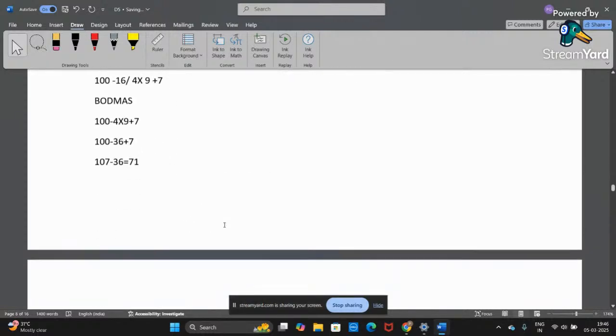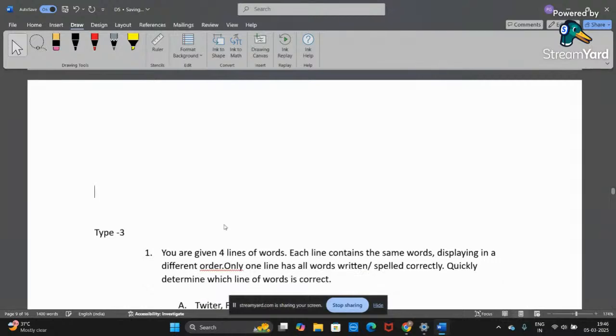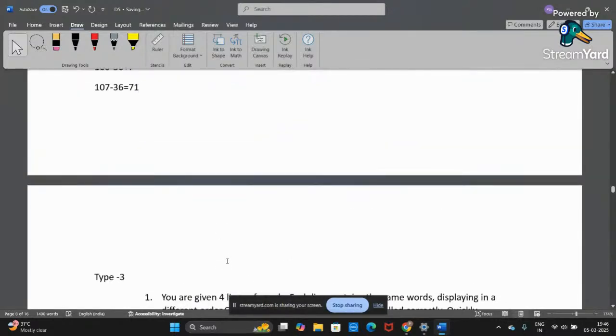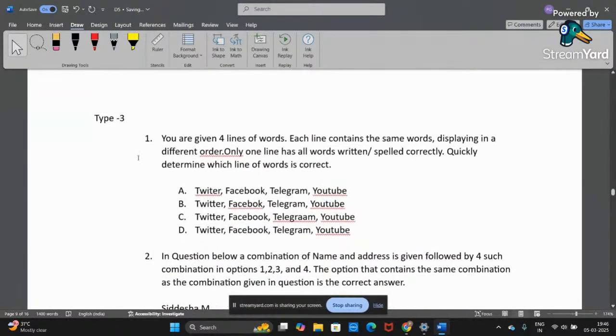Okay. Now let's move on to type 3. You are given four lines of words. Each line contains the same words, displayed in a different order. Only one line has all the words spelled correctly. Quickly determine which line of words is correct. Let's find out.